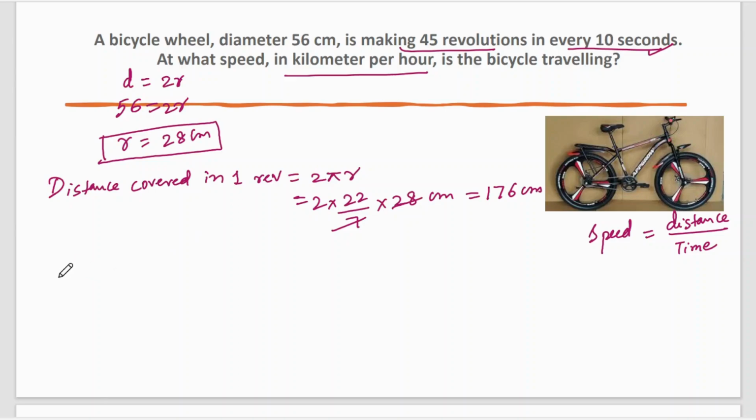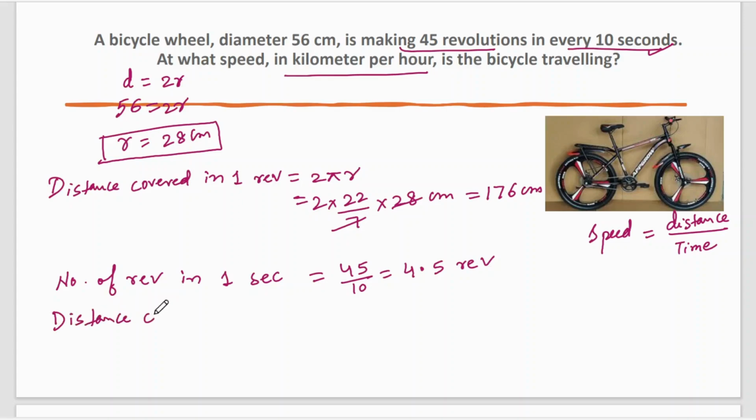So the number of revolutions in 1 second is how much? 1 second equals 45 by 10. It is 4.5 revolutions. That means it is making 4.5 revolutions per second. Now, can you find the distance covered in 1 second?